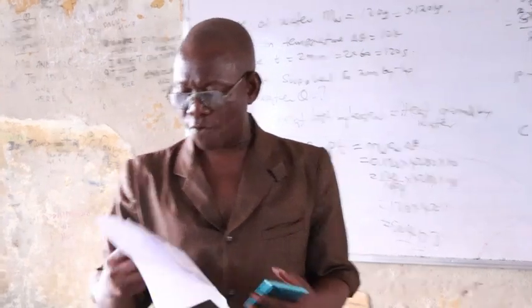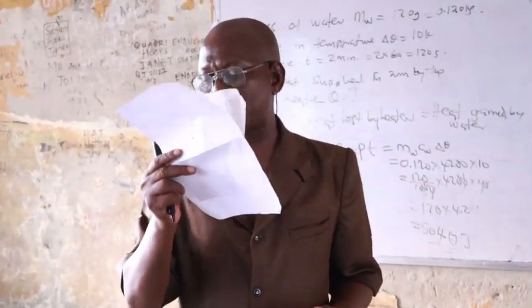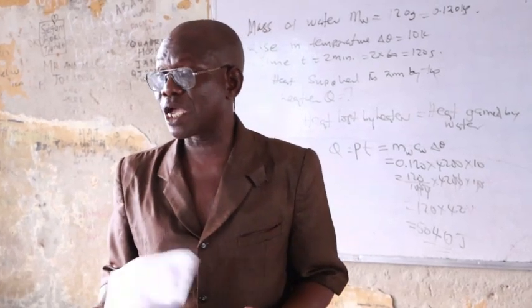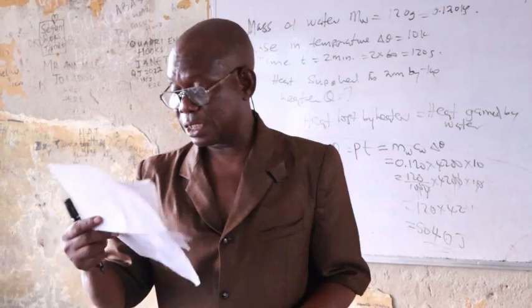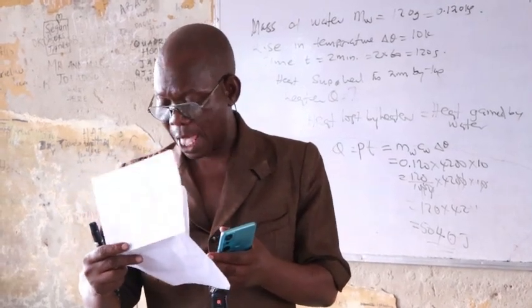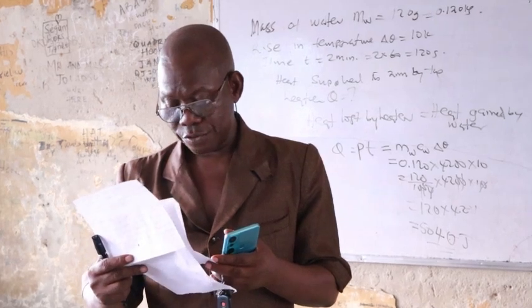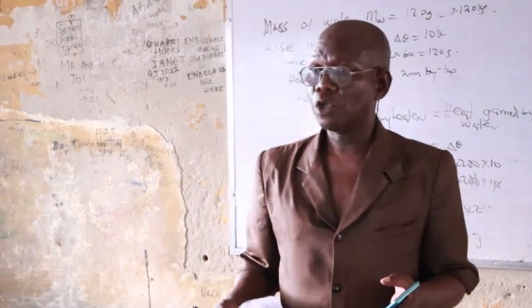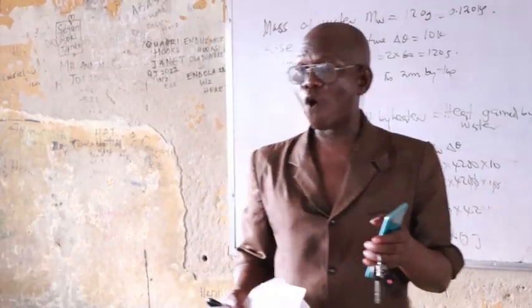Now, our time is gone. Instead of giving you the mass, what are they giving? They are giving the volume. And below, the density of water should be given. If not given, you work in terms of the density.